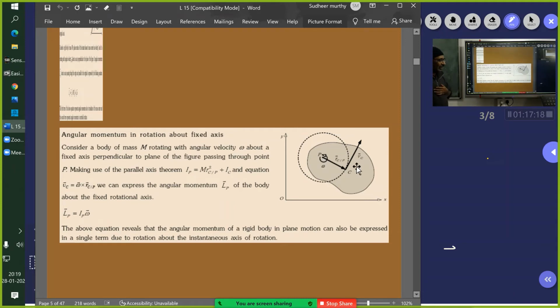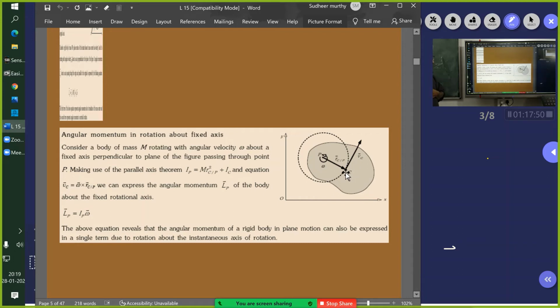I hope you can understand this diagram. This entire body is rotating about this point P, that is, the axis of rotation is perpendicular to this plane and passing through P. Can you appreciate? Yes, sir. Now I am considering one particle, and this particle is at C. Suppose C is the centroidal point, the center of mass.